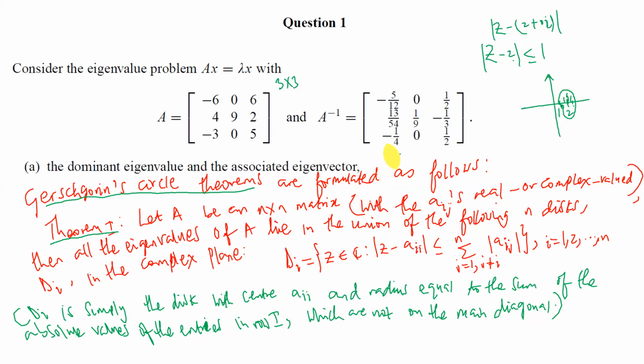But now this theorem 2. So the first one says that all the eigenvalues will lie in the union of the disks. So now if you have another disk, maybe another disk is here, another disk is there. So you take a union of them. So you have the eigenvalues lying inside these disks.